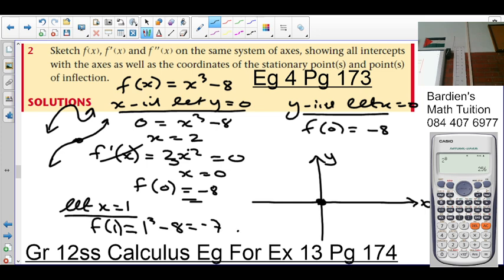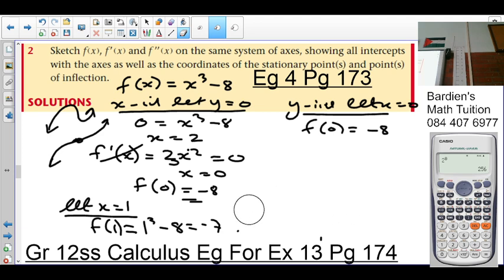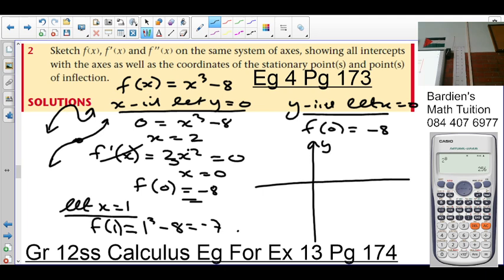Okay. So if you look at this graph, redraw this. Most of the business happening at the bottom. So it's going to go through a negative 8 here.